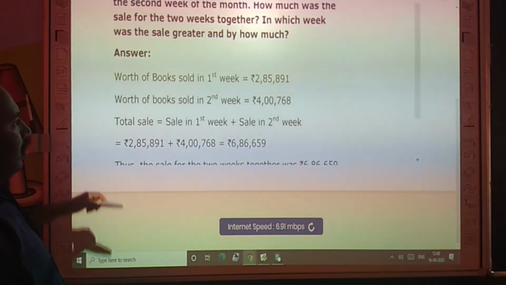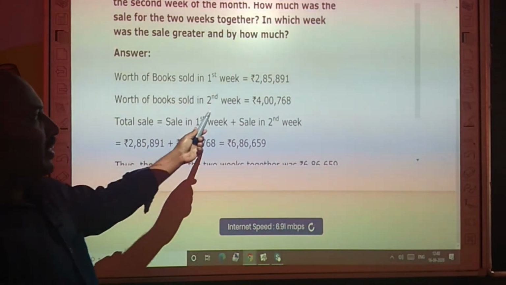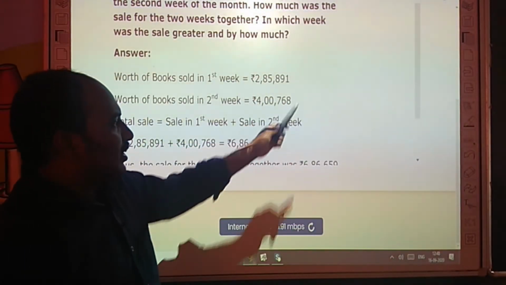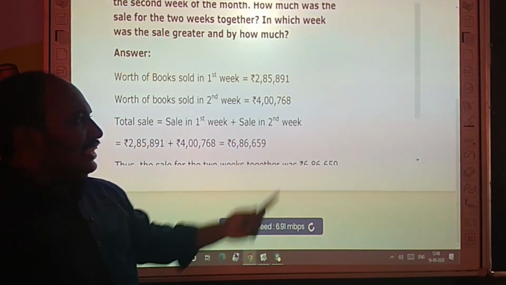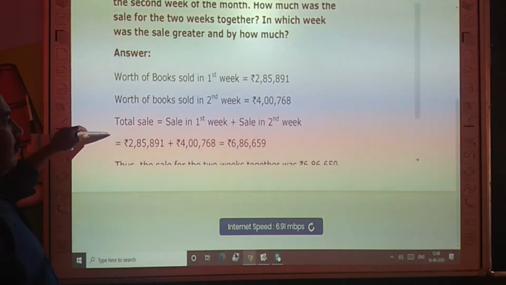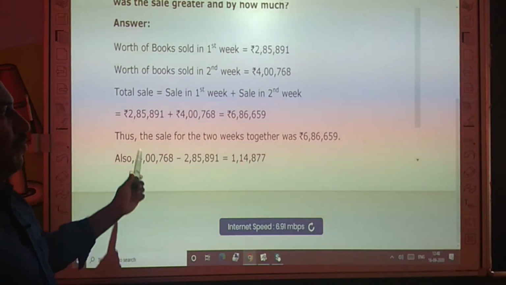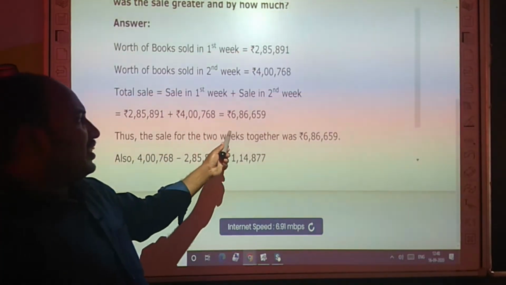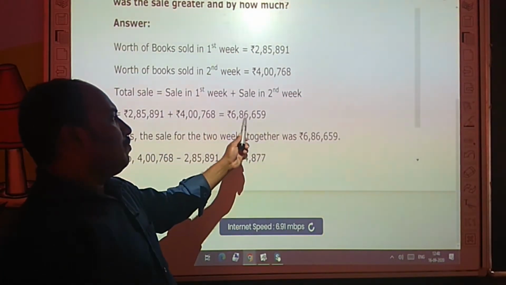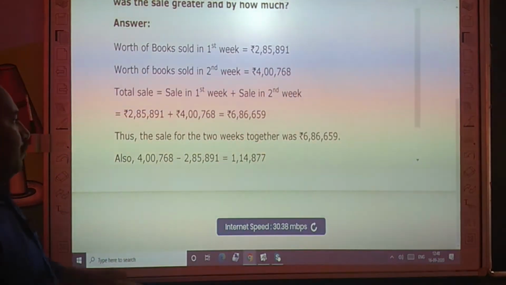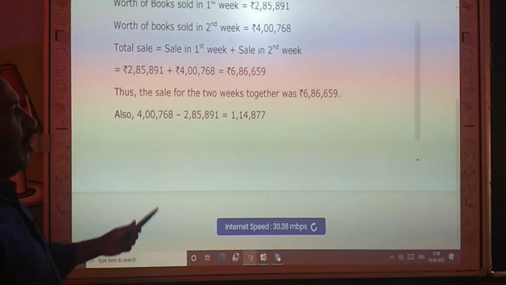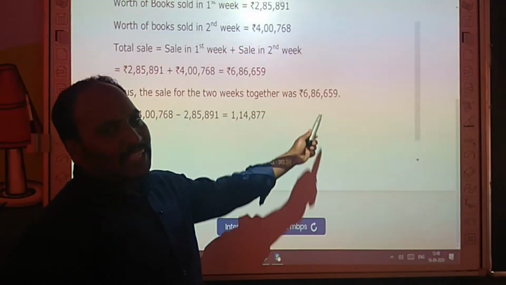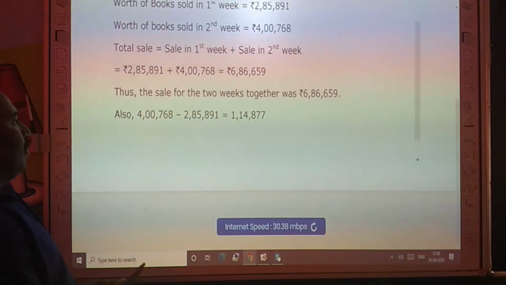Answer. The first week: 2,85,891, and then the second week: 4,768 rupees. Total sale of the first week and second week is equal to 6,86,659. Thus the sale for the two weeks is 6,86,659.